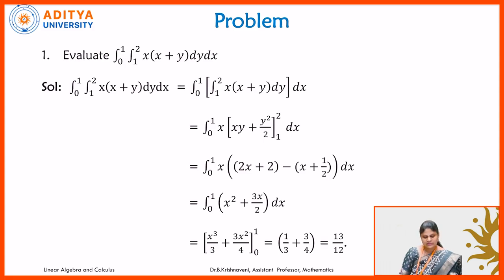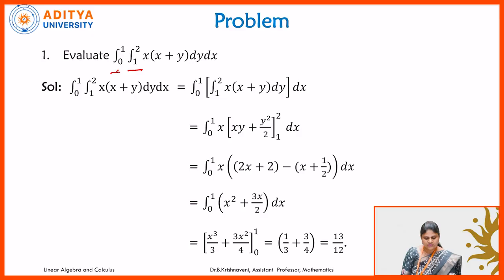So now let us see the questions regarding evaluating double integrals when the limits are given in the question. Now the very first question is: evaluate integral 0 to 1, integral 1 to 2, x into x plus y dy dx. Here it is very clear that all the limits are constants.